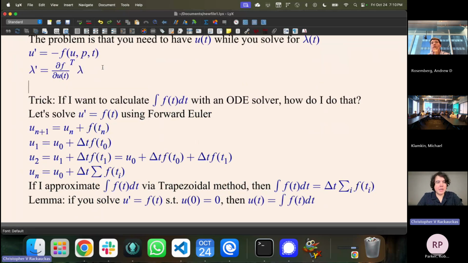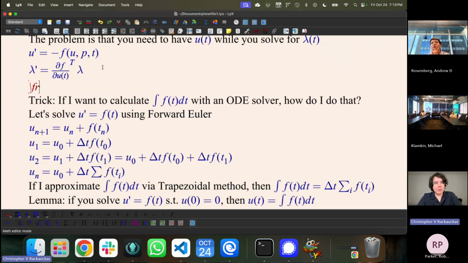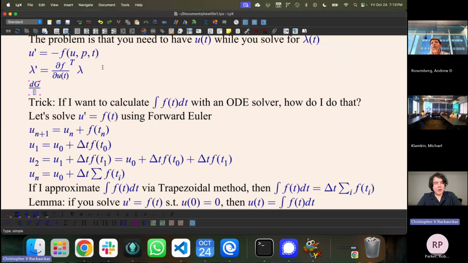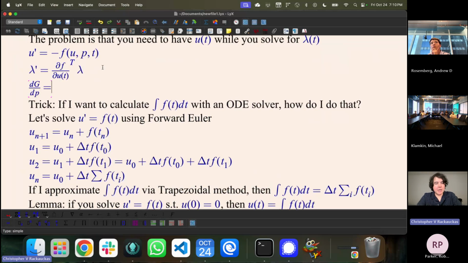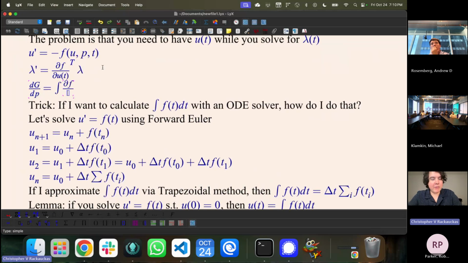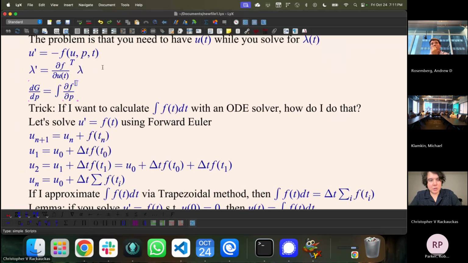So what you can do here is you can say, hey, look, I need to calculate the integral, right? So dg dp is actually then just given by the integral of partial f partial p transpose lambda, right? That's what this proof says, right?